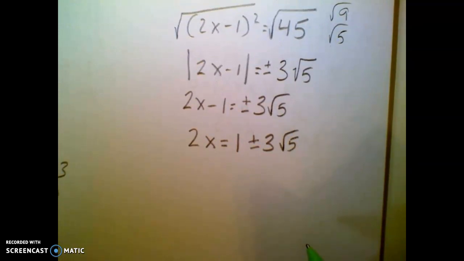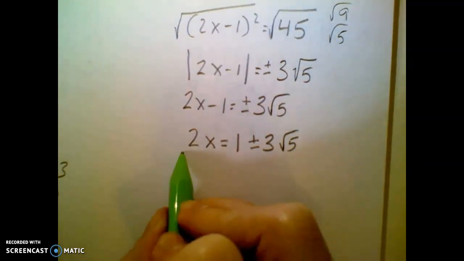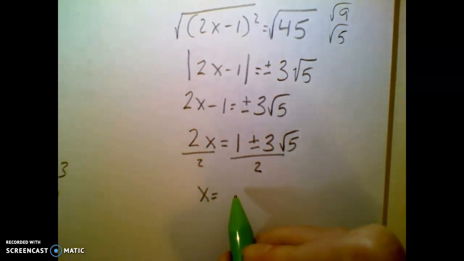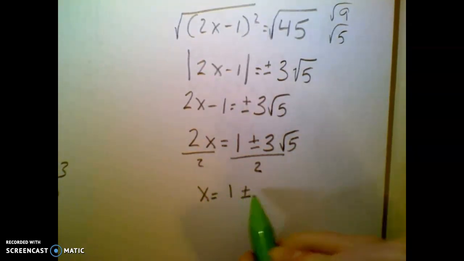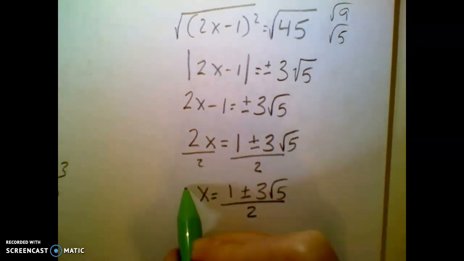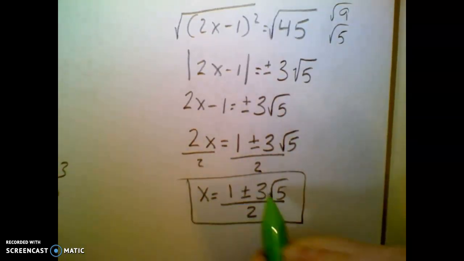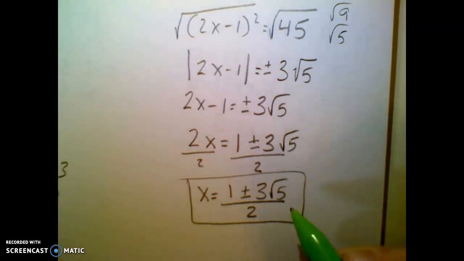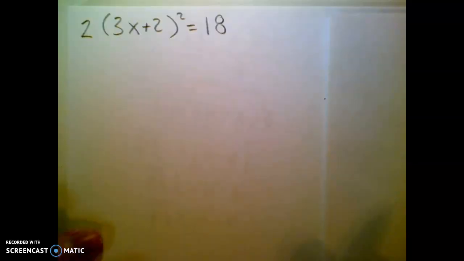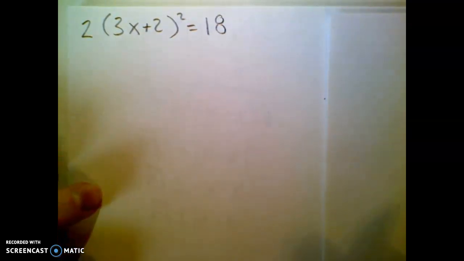Then I'm still trying to get x by itself, so I'm going to divide both sides by 2. So my answer is x equals, and just literally write 1 plus or minus 3 root 5 over 2, and you are done. That is the messiest these answers get. There will be more complicated ones in just a minute with the reduce, but that's the messiest they ever get in this method. All right, so I've got 2 more examples, 1 word problem, and then we are done.